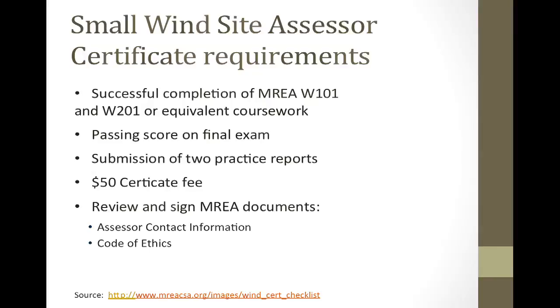Mostly what this is about is that you are saying that as a small wind site assessor, you're not trying to sell this person any equipment. It's not your job. If you also want to be a small wind installer, you have to be really clear when you're doing this site assessment that you're not trying to push the models of turbines that you have. You are merely trying to let them know whether their property is valid and viable to put in a wind system.